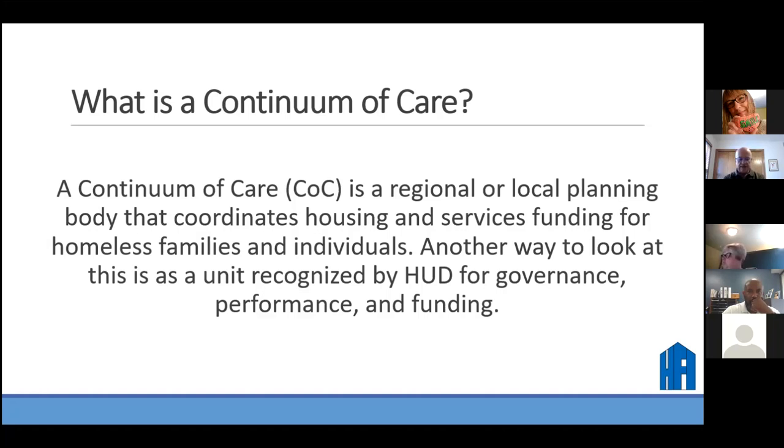Another way to look at it is as a unit recognized by HUD for governance, performance, and funding. And probably the latter is what's most important most of the time to most of us, the funding, because continuum of care funding, other than in the pandemic, is the primary source of funding for homeless services here in Iowa.